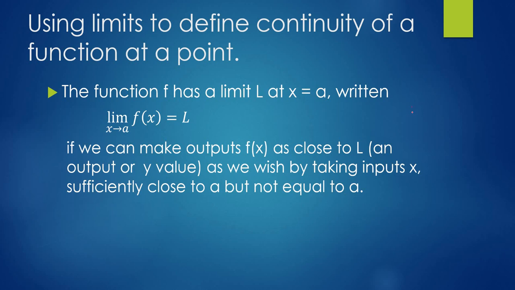Remember when we talked about our limit as h approaches 0, we didn't really care about what happened when we got to 0, just what happened when we got really, really close. So the same thing applies here.